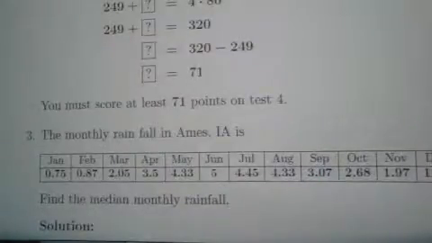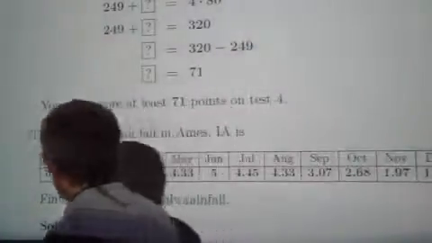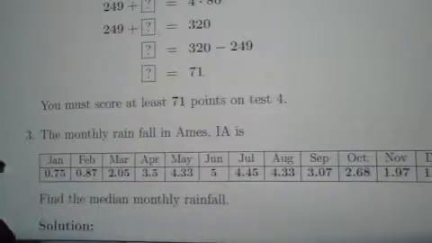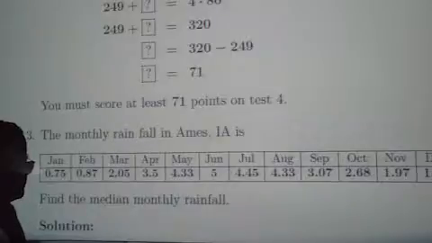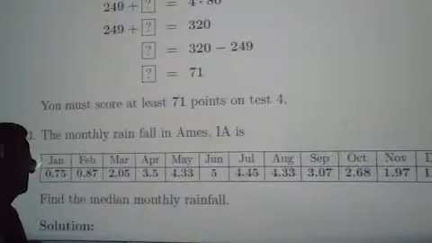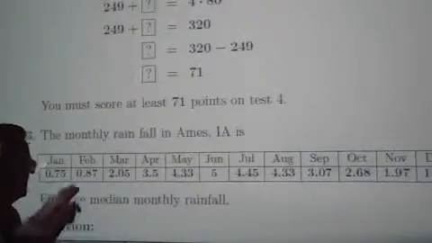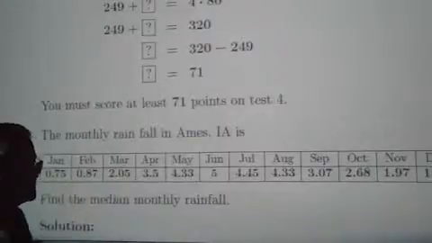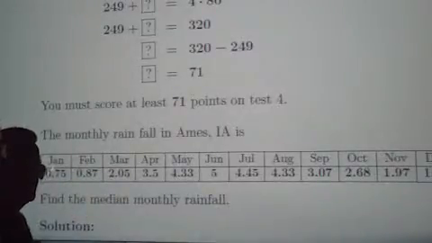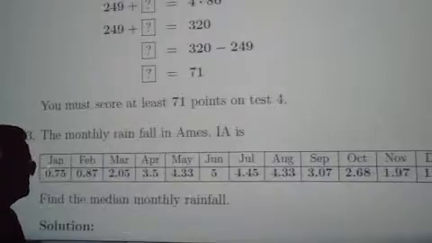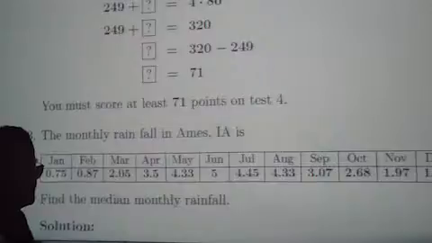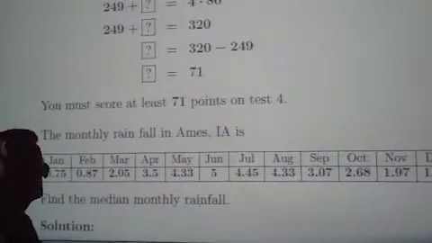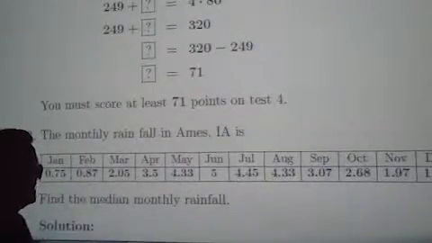And once you have that, in January, 0.75. In February, 0.87. In March, 2.05.